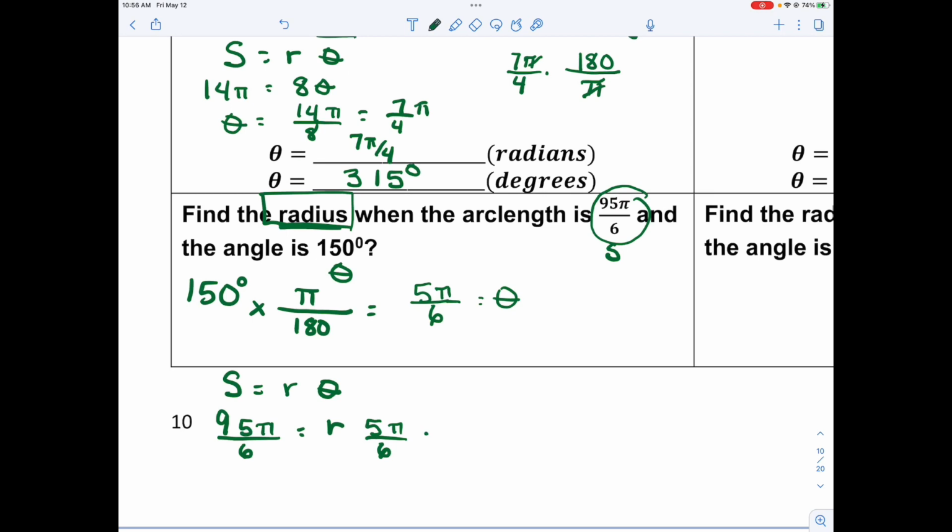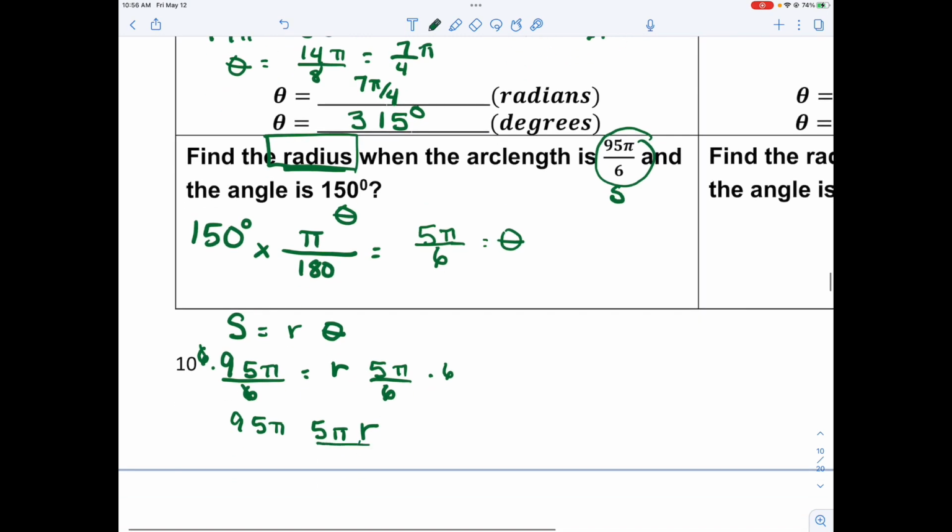The first thing I could do is multiply both sides by 6. Those 6's cancel, so I have 95 pi is equal to 5 pi R. Now, I can divide by pi. Those cancel. And I get 95 equals 5R. And now we're cooking with grease, because we can solve that. We would divide both sides by 5, and we find that our radius is 19.